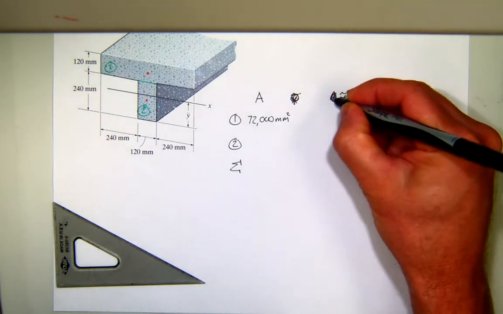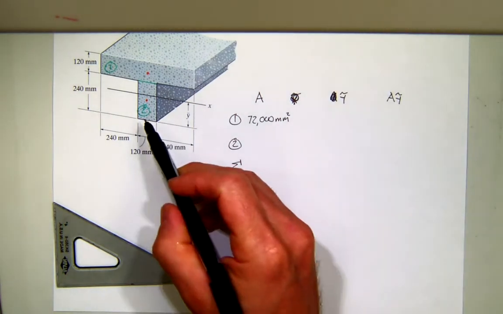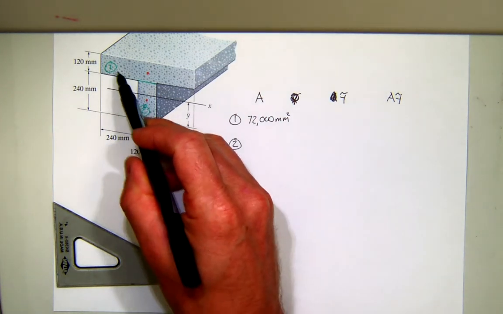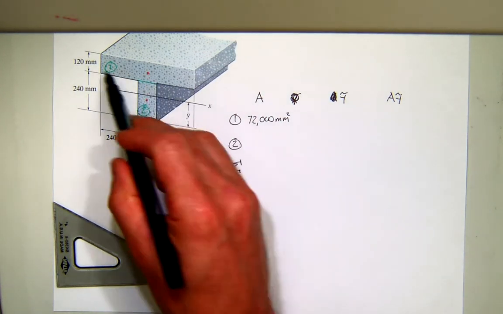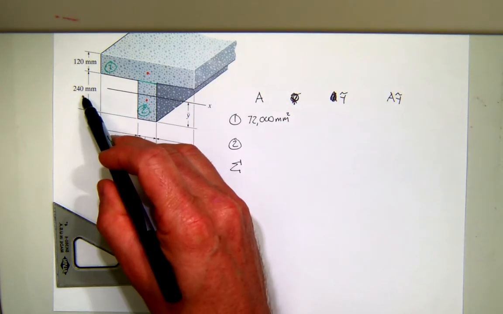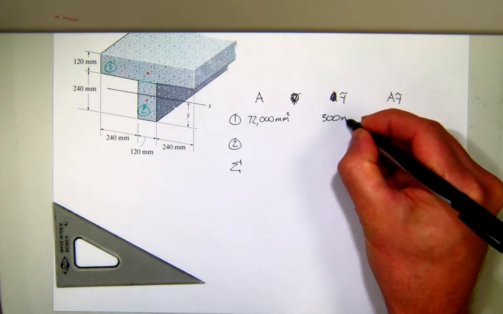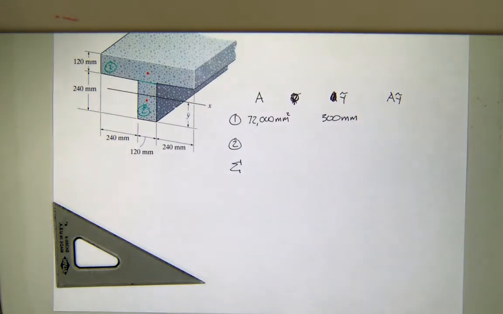Sorry about the mess. So the distance from our reference point to the centroid of this, well, first of all, the centroid's halfway, so that's 60 millimeters plus 240, that'll be 300 millimeters.